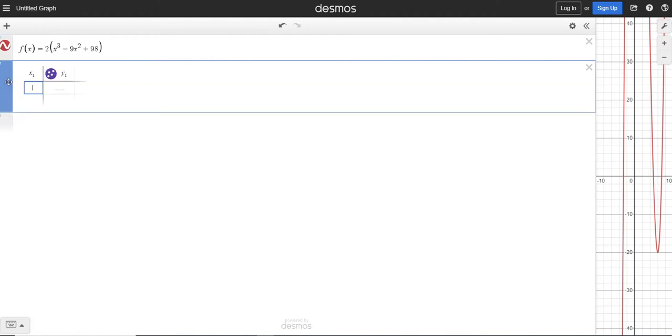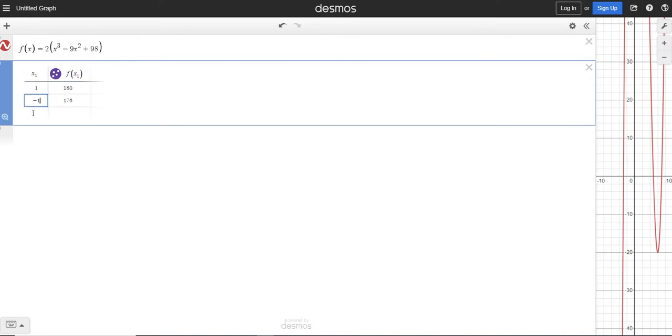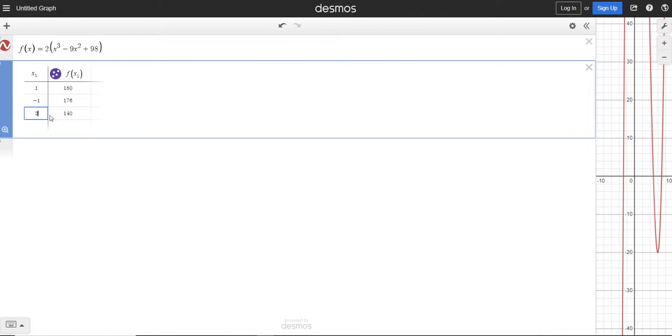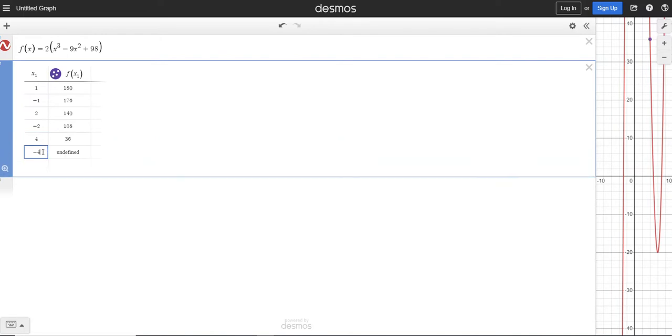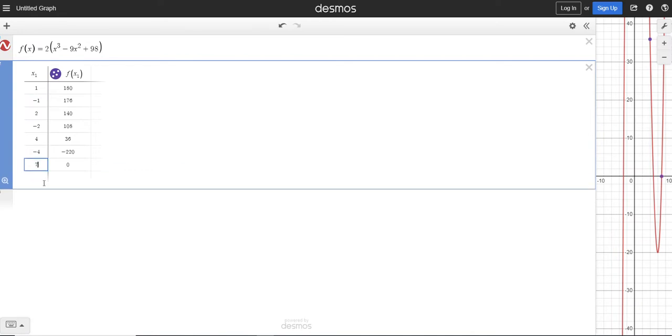And then I'm going to check my possible rational zeros by asking Desmos to plug them into my function. All right, looking for 0. There's one of them, x equals 7.